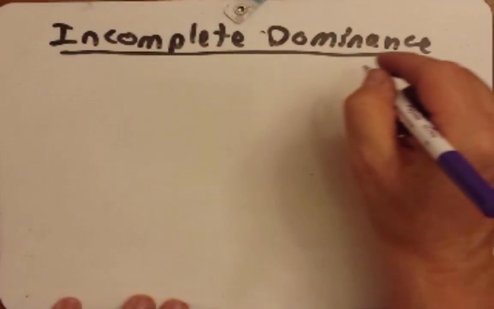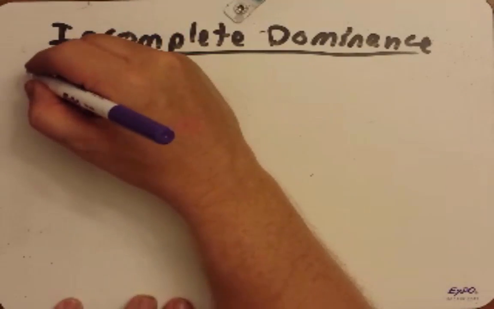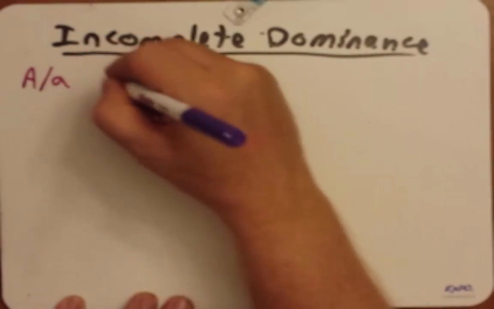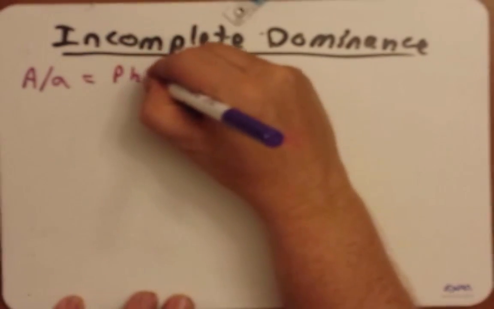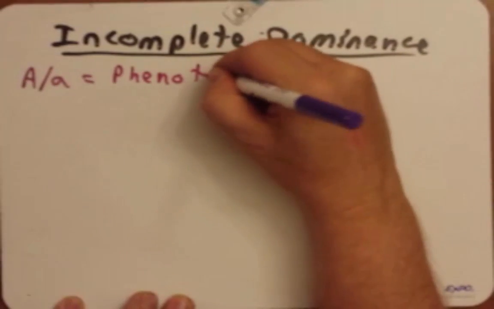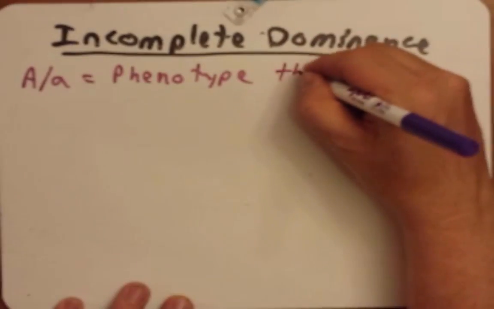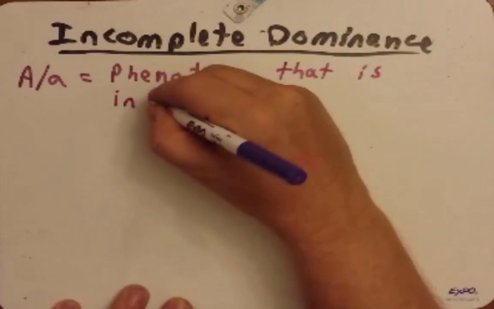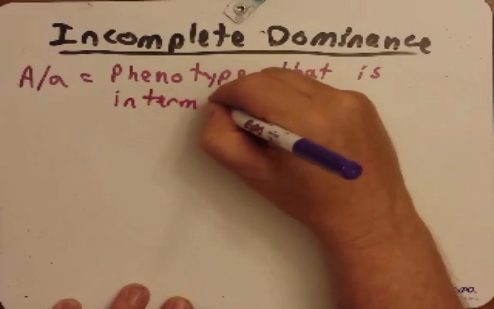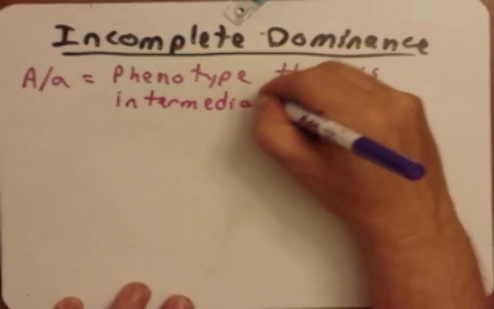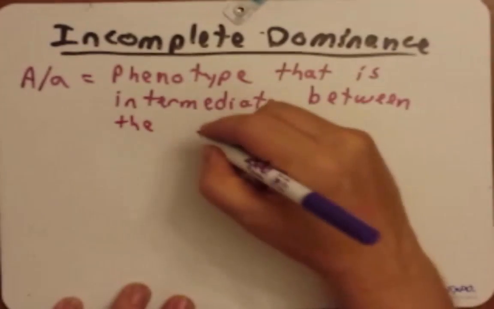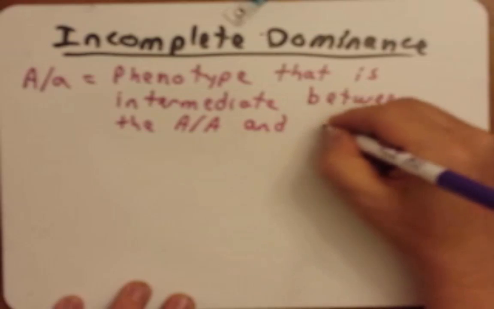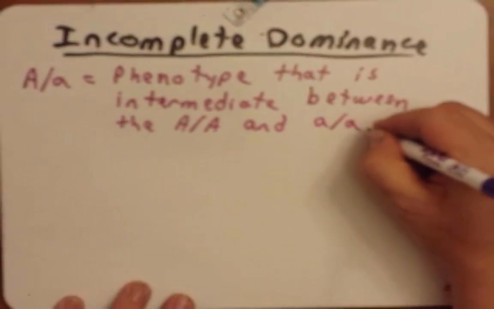So for incomplete dominance, it's a trait where when you look at the heterozygote, so we'll go big A, little a, has a phenotype that is intermediate between the homozygous dominant, in this case big A, and the homozygous recessive, little a.